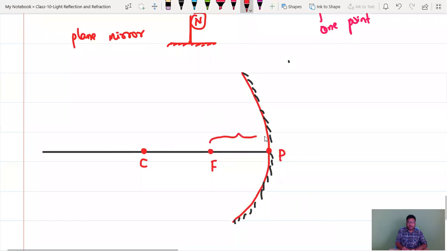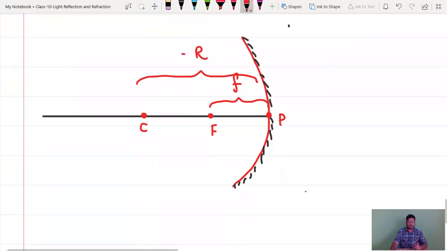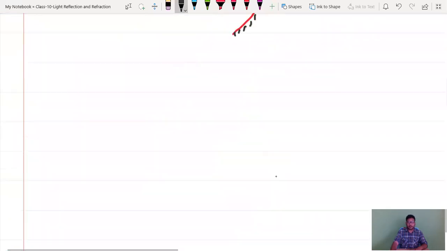Distance from F to P is the focal length. Distance from C to P is the radius of curvature. That's it. Whenever your teacher is asking you to draw a ray diagram, you have to draw this. Is that clear, guys?